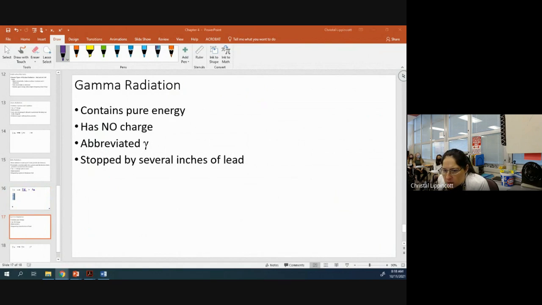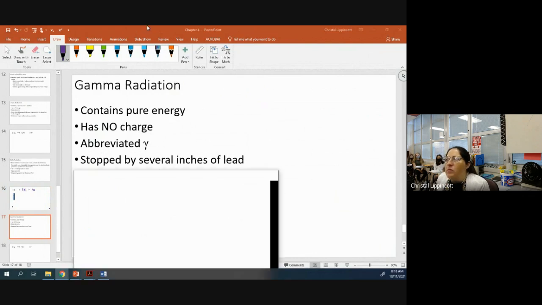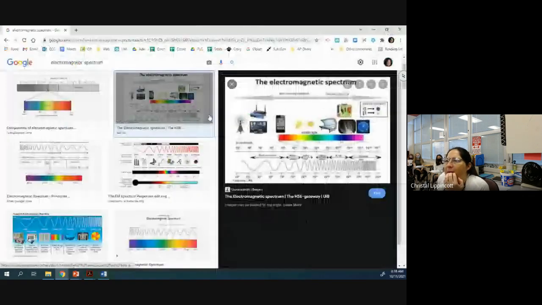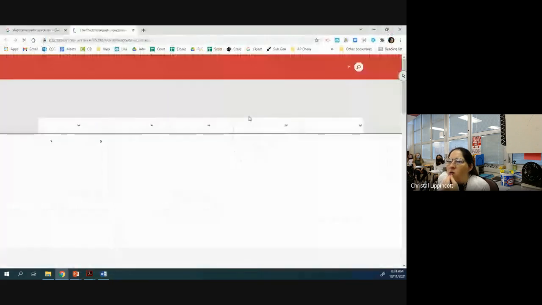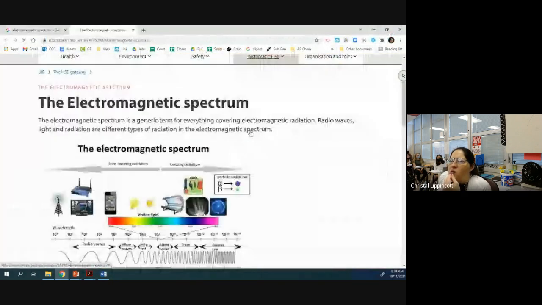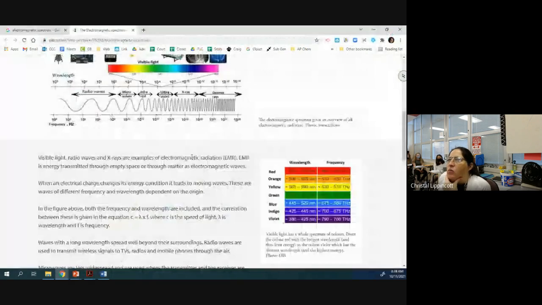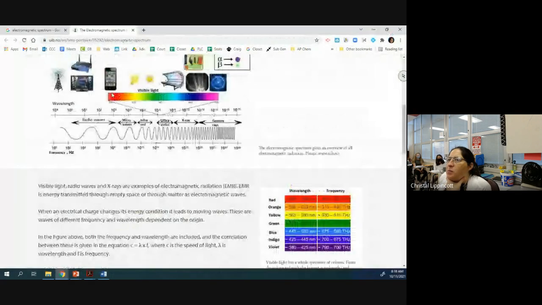Let me find an image here that I can pull up for you. So it's all a spectrum. Visible light is a tiny part right in here of that. You've got your UV, your X-ray, and then your gamma come up here.